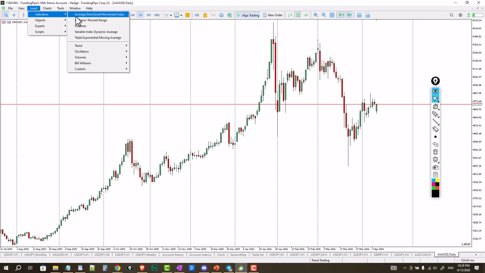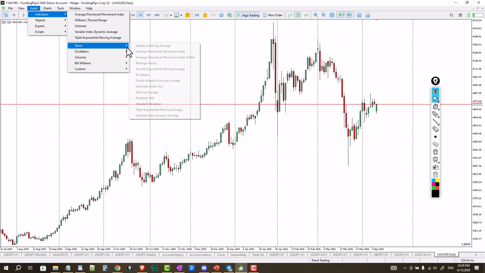You can see it's called the Average Directional Movement Index indicator. Or if you don't see it there, you could hover your mouse's cursor down below to the trend category of technical indicators to find it.